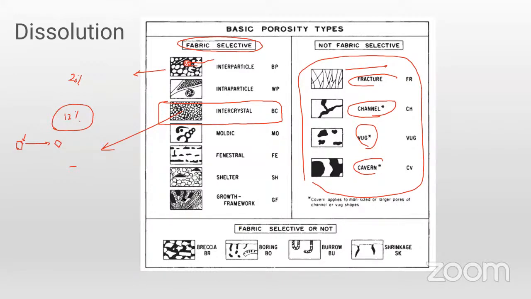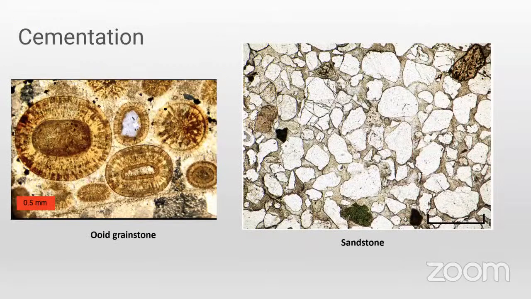One important porosity in siliciclastic sediment is intergranular porosity. We have, for example, quartz grains, and between them we have porosity, which we name intergranular porosity. Look at this type of diagenetic cementation.